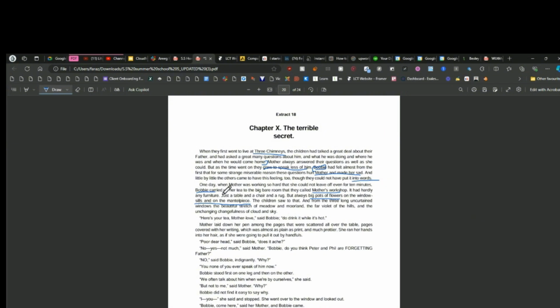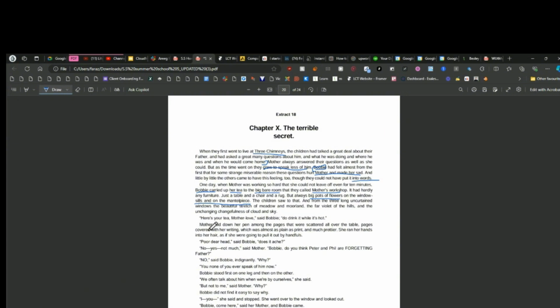Okay, so Bobby's the one that's carrying up the tea to the big bare room. It just had a table and a chair. There was always a big pot of flowers, but it doesn't say who's doing that so far. The children saw that, and from 3 long uncurtained windows.